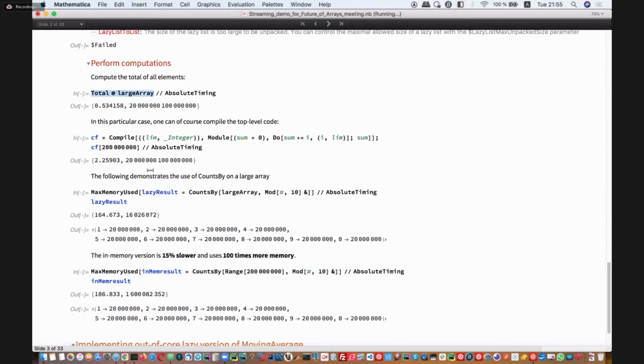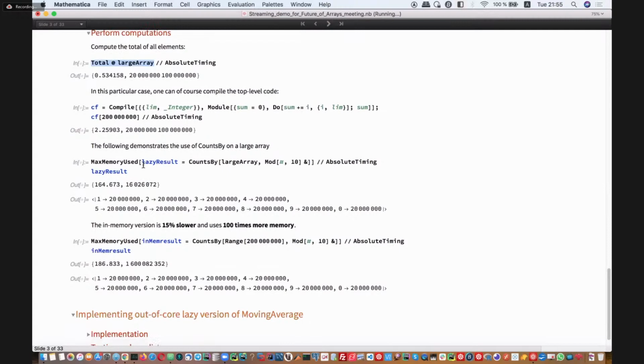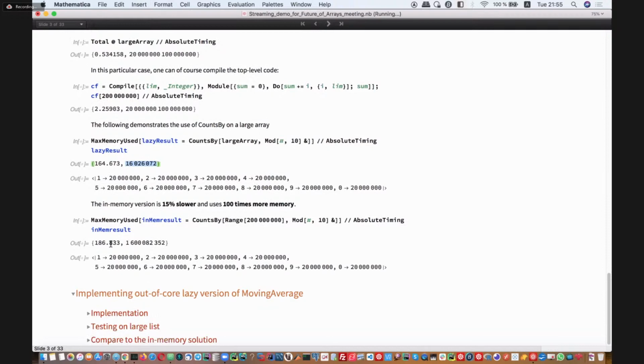You can of course compile to C, but still. And if I use counts by on this large array, similar to what you suggested previously, then lazy list takes only 16 megabytes of RAM and about 3 minutes, while in-memory computation is about 15% slower and 100 times more memory hungry.